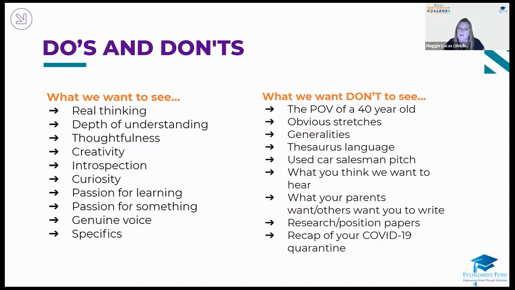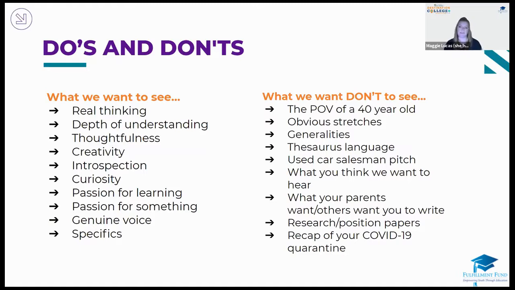Also, you don't want to repurpose a paper you've written for school, like, oh, I read this great research paper. This should be about you, who you are, what you stand for. And I think for some students, talking about COVID might have relevance, but it certainly shouldn't be the only part of your essay. It should be more reflective of who you are versus just talking about what the past 7 months have been like.